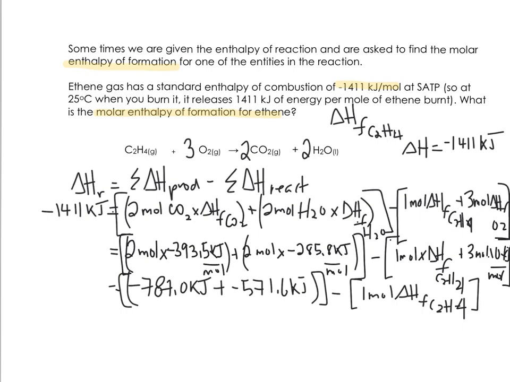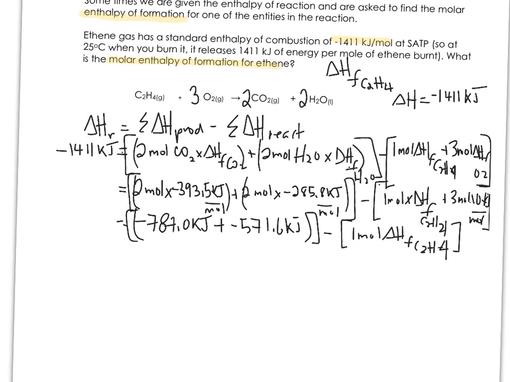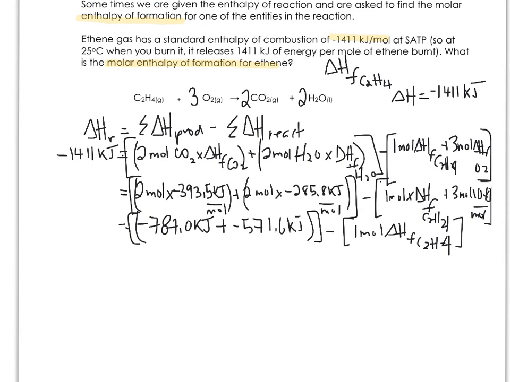So work out the values for the products. This is equal to negative 1358.6 kilojoules minus 1 mole times the molar enthalpy of formation of C2H4. And this is all equal to negative 1411 kilojoules.